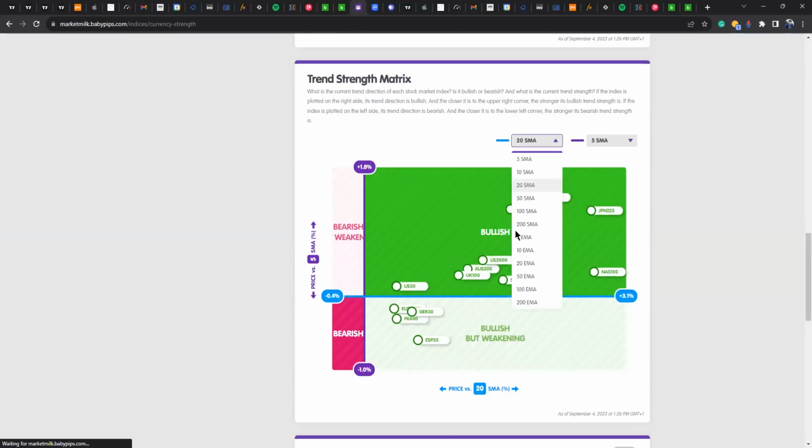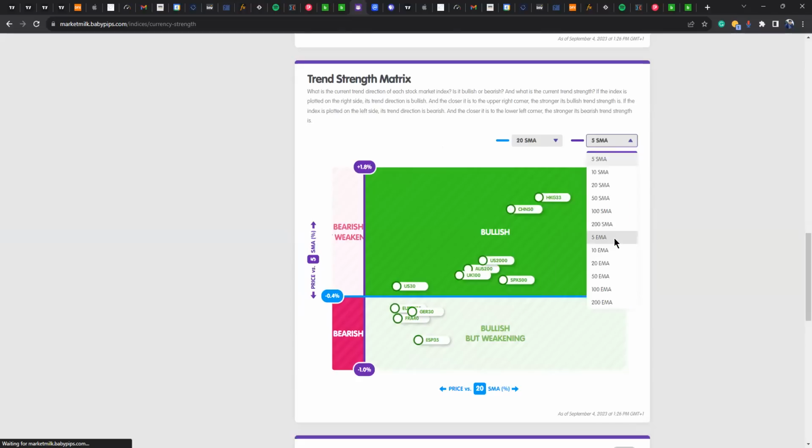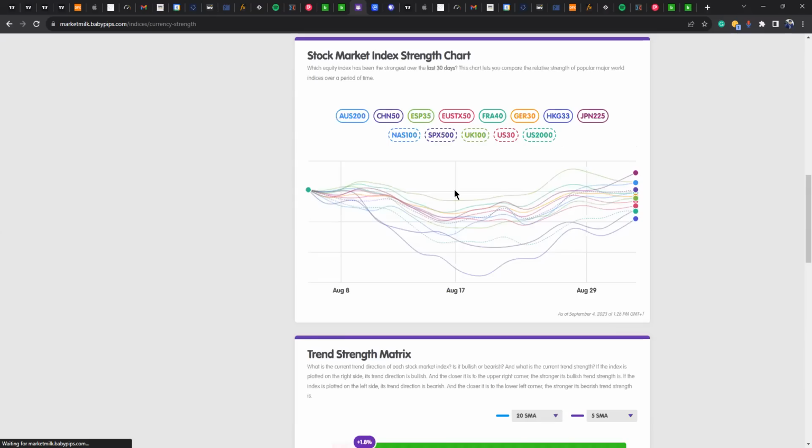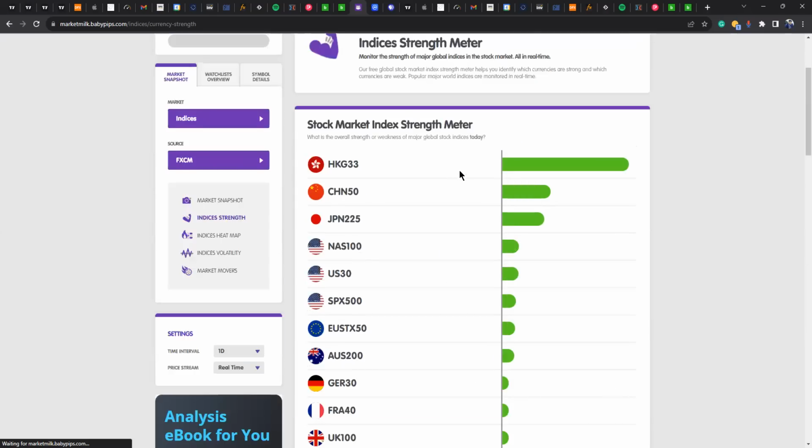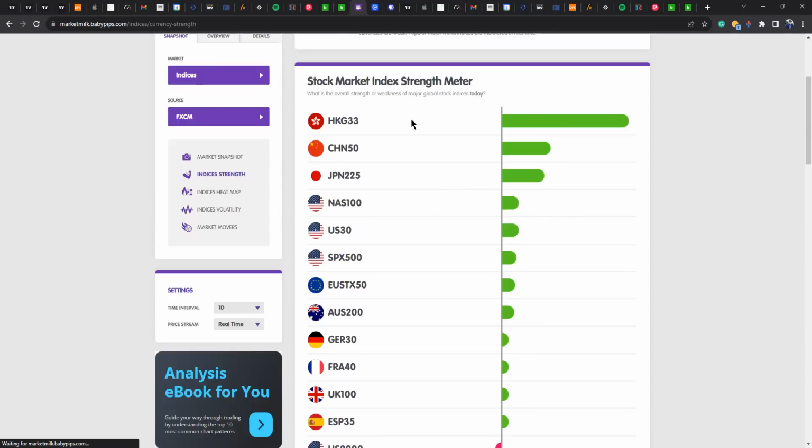If I scroll here, there are different moving averages. So you can use different averages. It depends on if you know how to combine them, right? You need to know which one is which one. Okay. So look at now, from this you can see that all of these ones are in an uptrend. They are gaining strength.